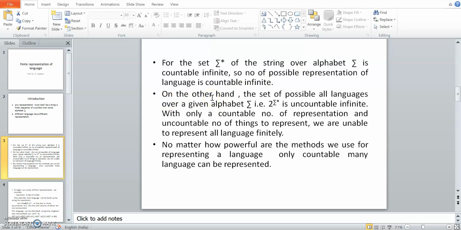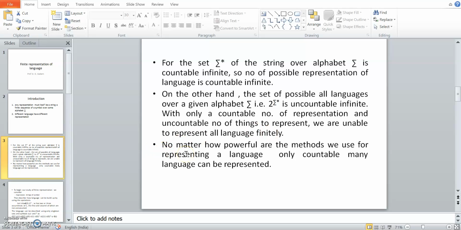On the other hand, the set of all possible languages over a given alphabet set is the power set of sigma star, which is uncountably infinite. With only a countable number of representations and an uncountable number of things to represent, we are unable to represent all the languages finitely, because over a given alphabet set there may be an uncountably infinite outcome, right?